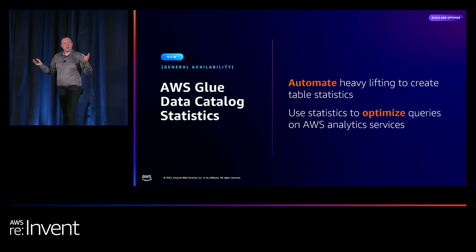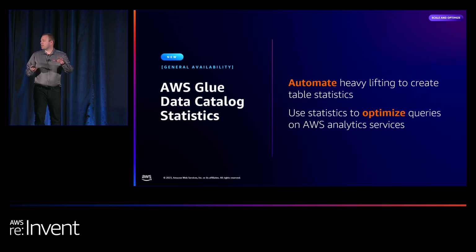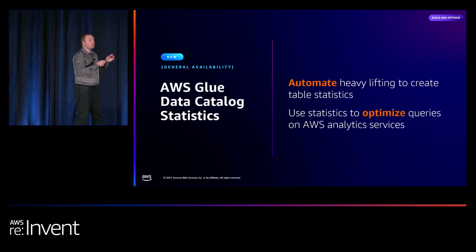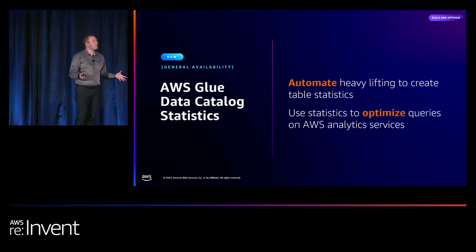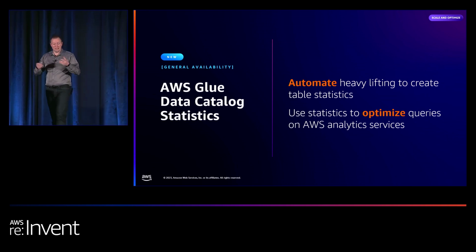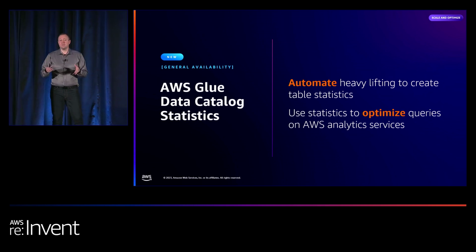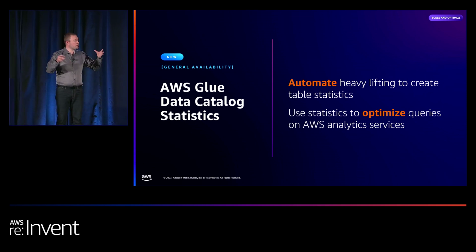If you're familiar with cost-based optimizers, who is familiar with cost-based optimizers? Okay, I see a few hands going up. That's great. So a cost-based optimizer is essentially part of a query planner in analytics engines, and they make sure that based on certain statistics, based on certain factors, that they compute what the best query plan is for the engine to use.